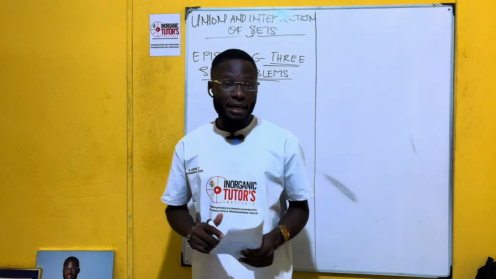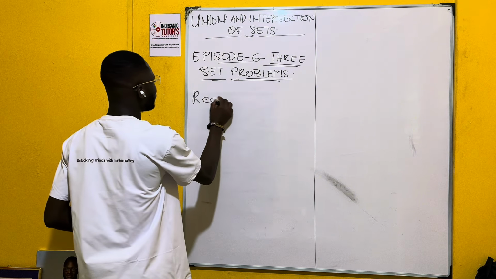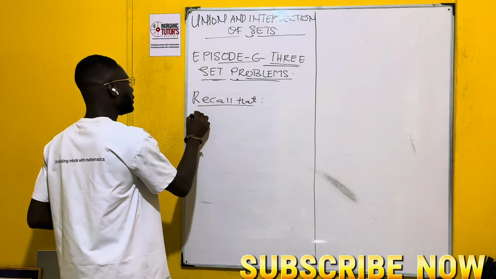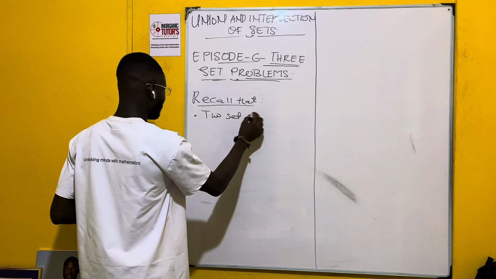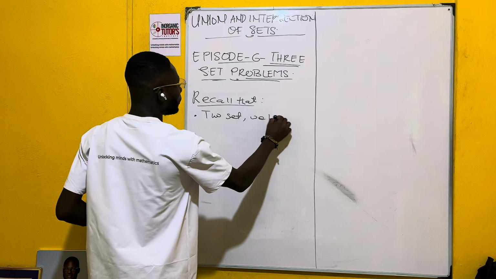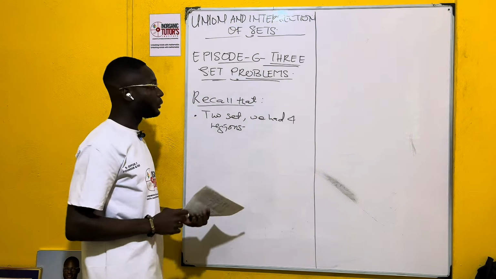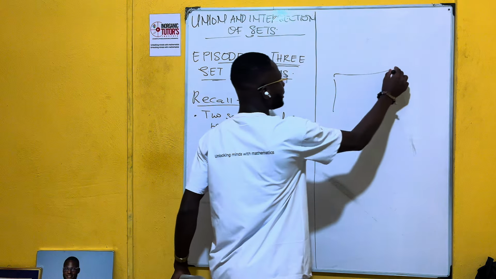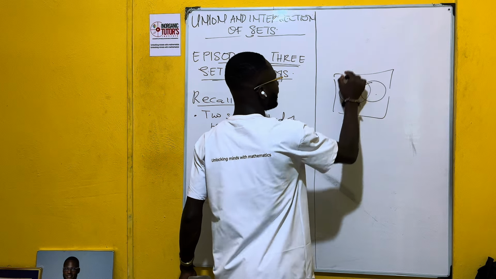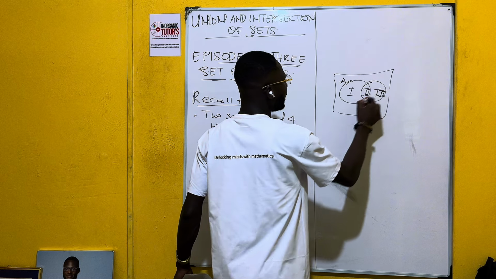So recall from episode 5 that in the 2 set problem, we had 4 regions, where this is region 1, region 2, region 3, and region 4.